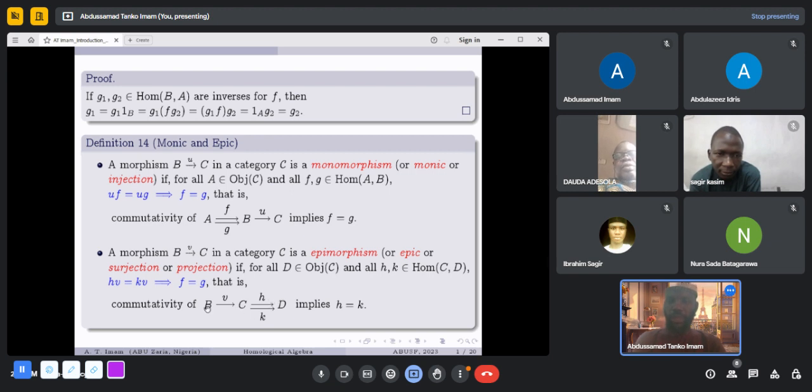So in fact, you should understand using a diagram. You see, we say V is an epimorphism if whenever you extend from C to some other object D, the composite H after V equal to K after V would always imply H equal to K, then V is an epic or epimorphism.